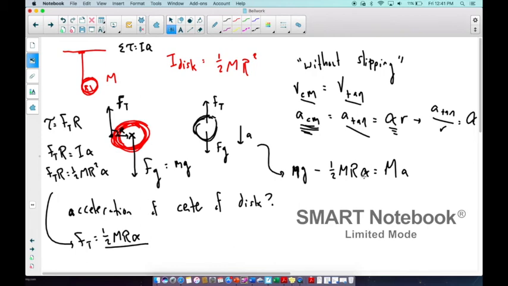And I can plug that in right here, and then my only unknown will be A tan, or the acceleration of the disk as it falls, the translational acceleration, which is what the question is asking me to find. So I'm going to get Mg minus 1/2 m R alpha, where alpha is A tan over R, equals ma.